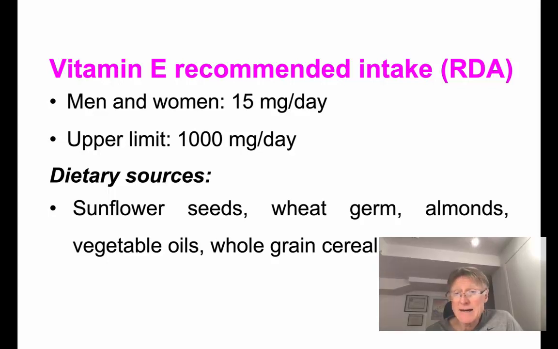Now you can also get it from animal products, because here we only list plant products, but when you eat meat, for instance, you have vitamin E present within the membrane of cells. But the main sources, the more common ones, are the ones listed here.